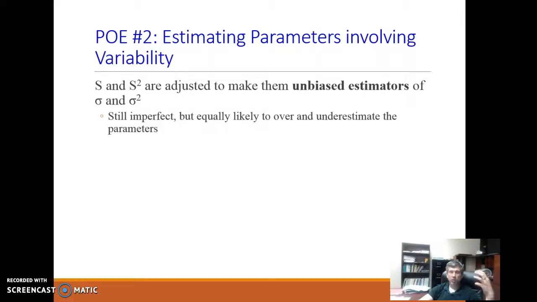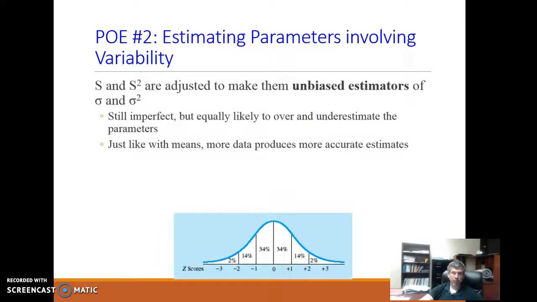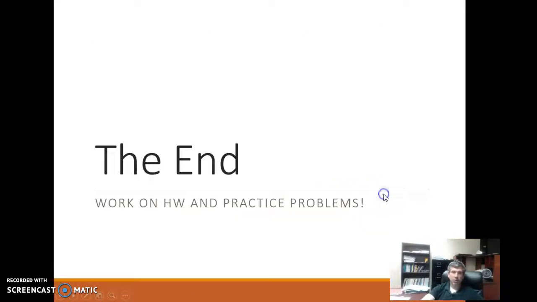Those errors, the inaccuracies in the estimation, are equally likely to be overestimating and underestimating the actual parameters. Just like with means, when in doubt, get more scores. When we measure more people, the standard deviation and variance become more and more accurate estimates of those population parameters. And keep your eye on this distribution map here and this idea of z-scores. This is going to be a really important foundation to what we're going to talk about in the next module.